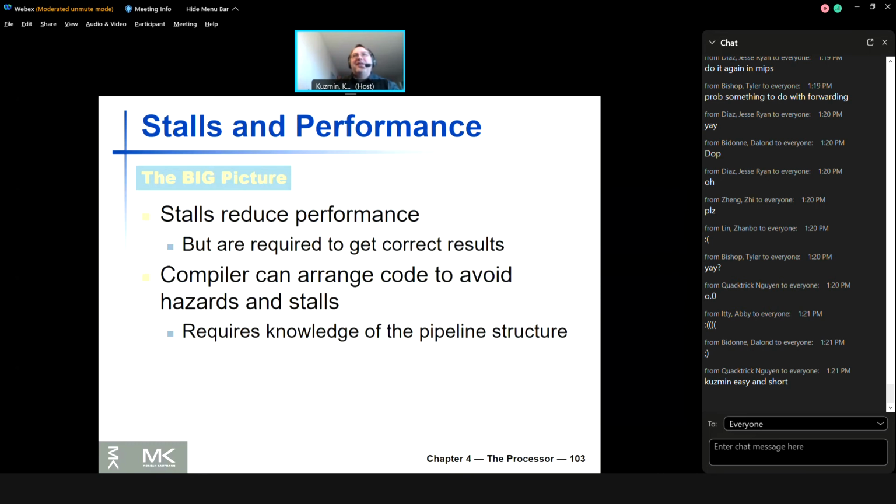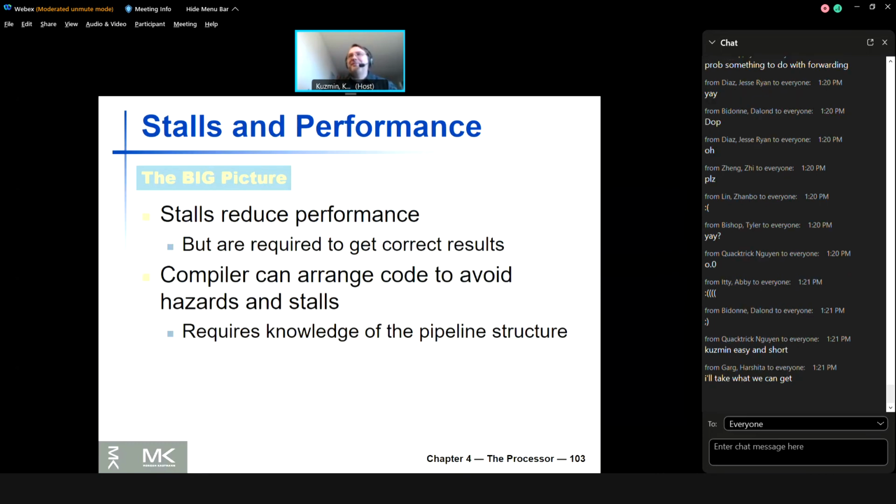All right. So summarizing, stalls are definitely not something good. Stalls reduce performance. But they are required so that our execution is correct. So first and foremost, we need to make sure that our program executes correctly, no matter what, even if we had to stall the pipeline and lose some time, right?